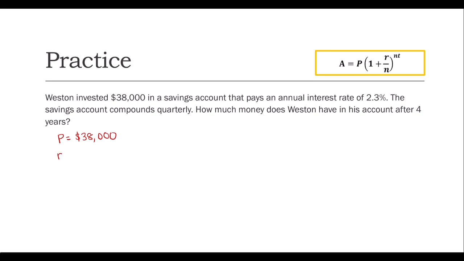We need R, our rate. It says the account pays an annual interest rate of 2.3%, so our rate is 2.3% written as a decimal. To write a percent as a decimal, you divide it by 100. So we get 0.023 for our rate.